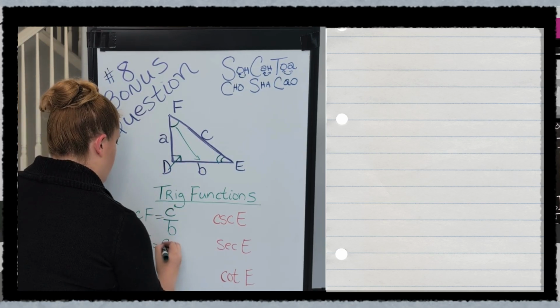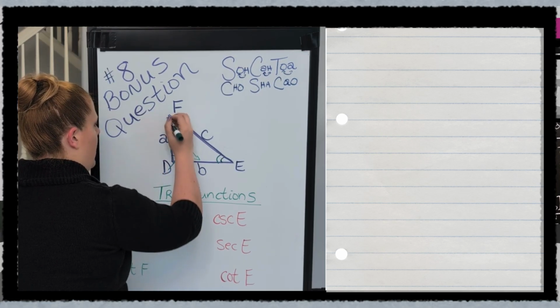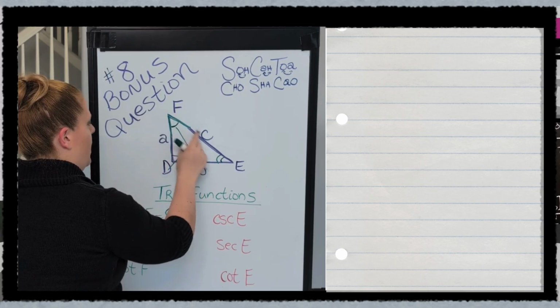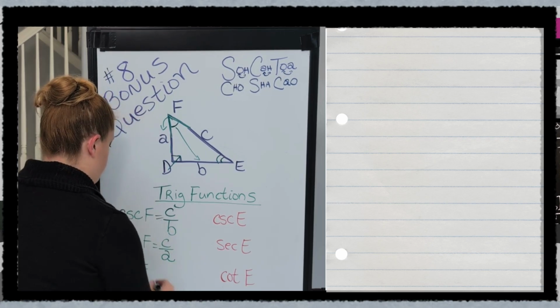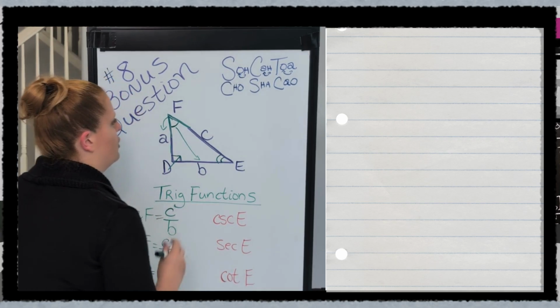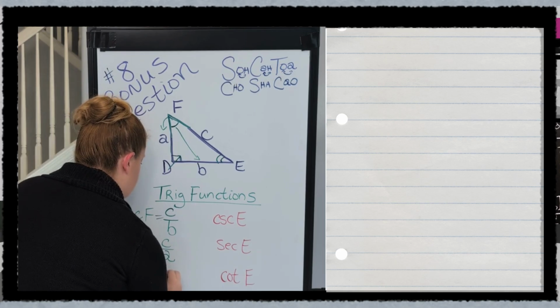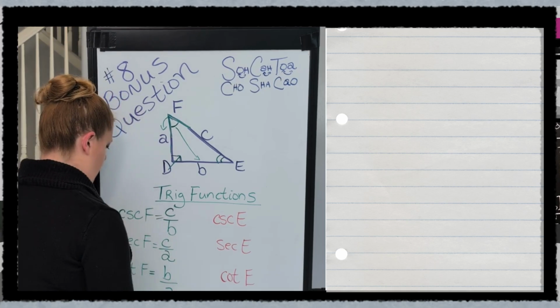So we have our hypotenuse, and our adjacent makes up this angle we are looking at, which is our A. Cotangent, opposite of tangent. We're going to do adjacent over opposite. So we already found opposite is B, adjacent is A.